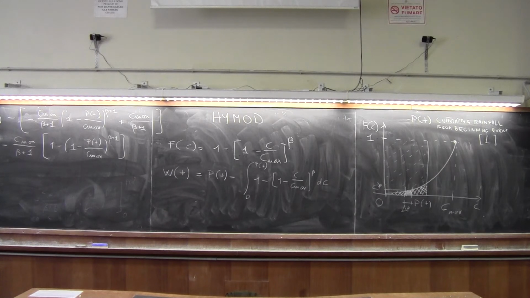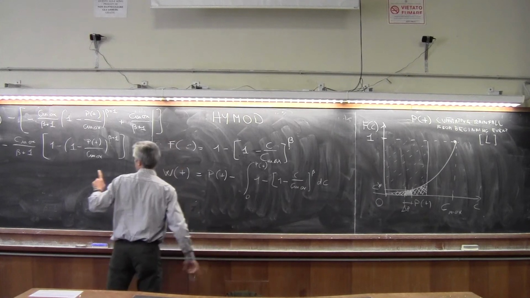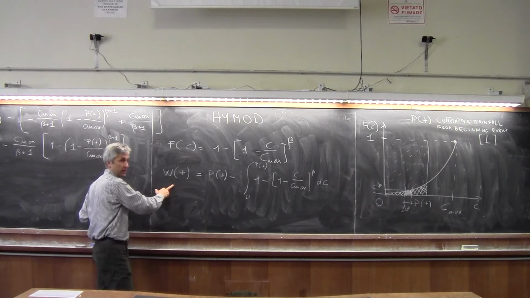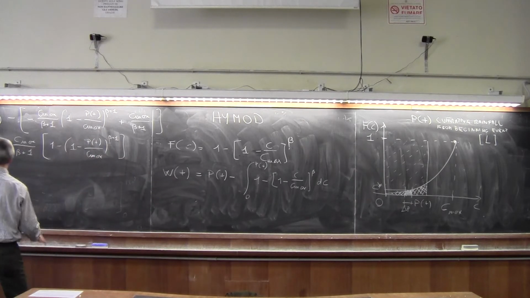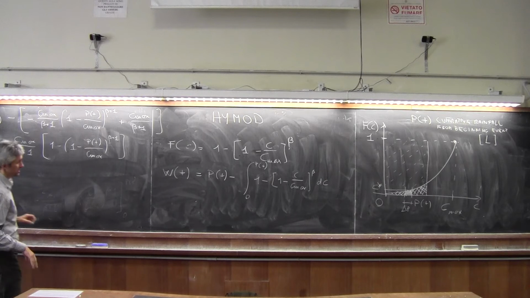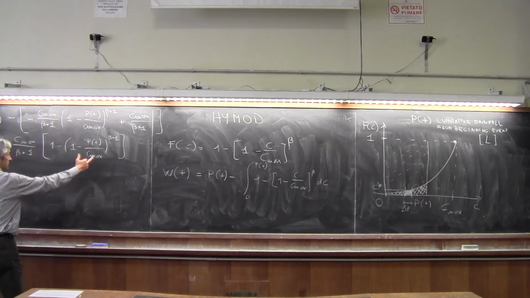Okay, good. Now, let me go back to this relationship here. This one is the runoff. It's just the integral of the curve. Instead, if I want to compute the stored volume, I can write Wt is equal to Pt minus the integral, and the result of the integral is here.